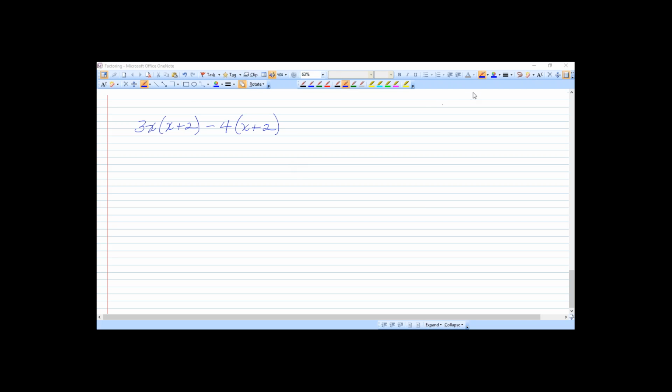You can expand this to however many terms. If all the terms have the same binomial factor, this will work. You'll notice x plus 2 is in parentheses; it's its own little animal in each term. There are only 2 terms in this one, but it's the same whether you have 2 or 20. If all the terms have this factor, just like a z to some power, you want to factor out the smallest exponent.